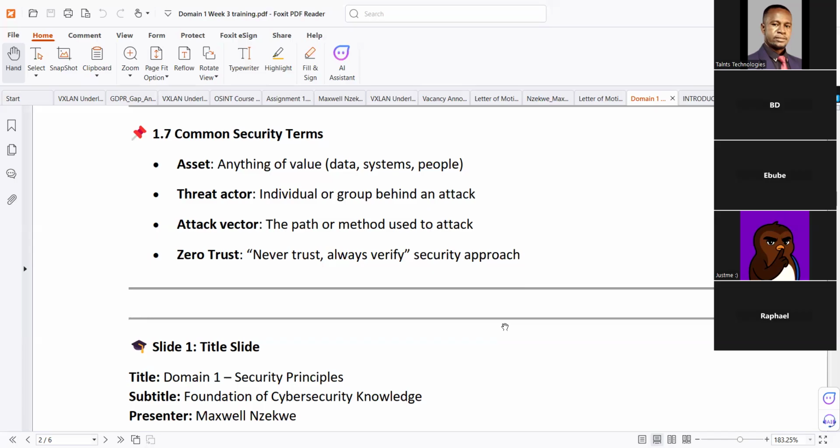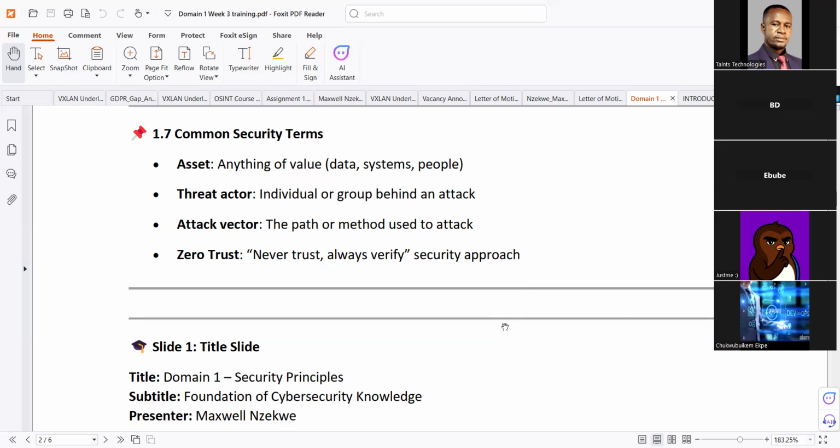Threat actor. Threat actors are individuals or groups behind an attack. Attack vector. The path or method used to attack is called an attack vector. Zero trust. Zero trust is not to trust anybody. You have to always verify before authenticating.